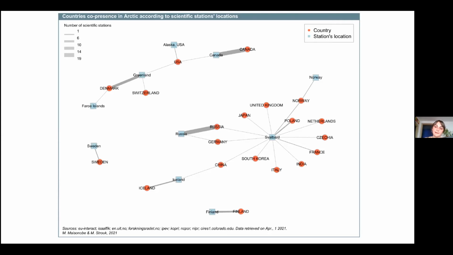And so you immediately see on this visualization that the archipelago at the north of Norway, named the Svalbard, concentrates almost all the non-Arctic stations. And here it's clearly very complementary with the map, since we can immediately visualize this very specific distribution.